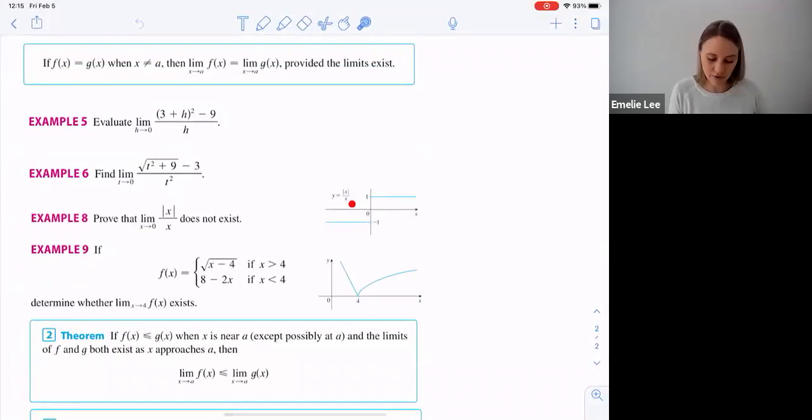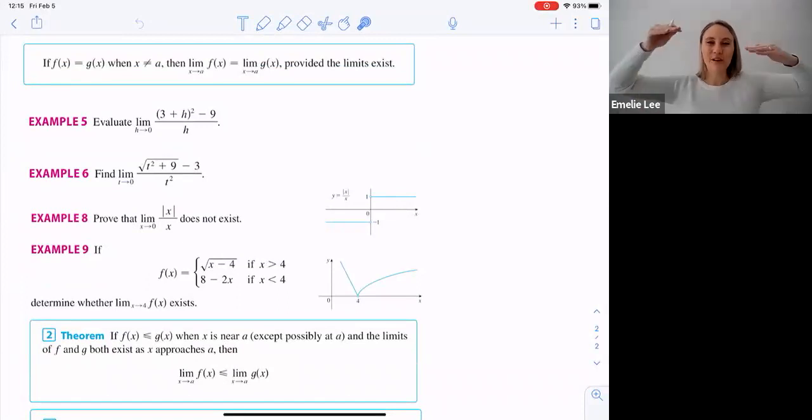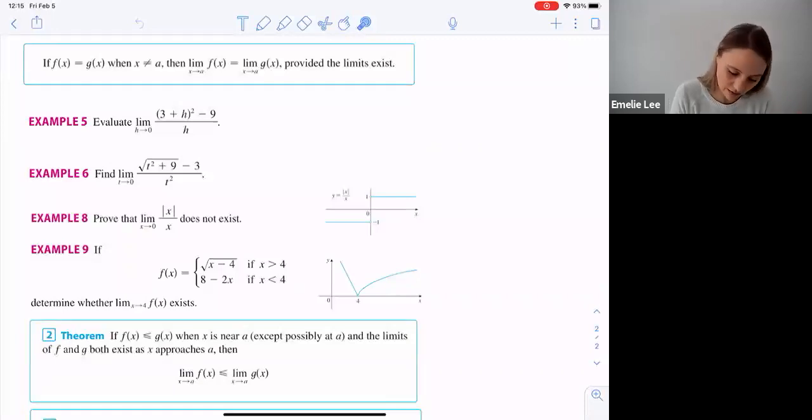The root of x over x looks like this, a lot like that Heaviside function. And we already said that for a function to have an overall limit, the left-hand limit has to equal the right-hand limit. And in this case, when we look at the graph, we see that it does not. But we want to prove it mathematically.